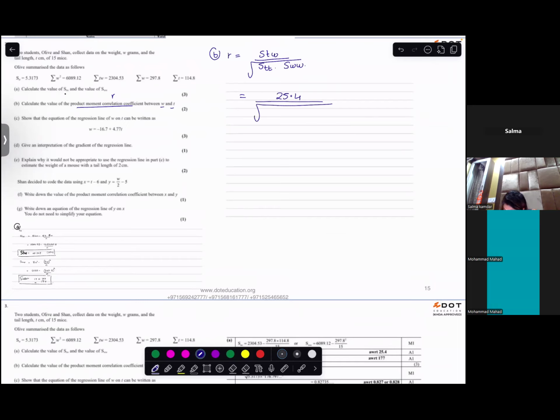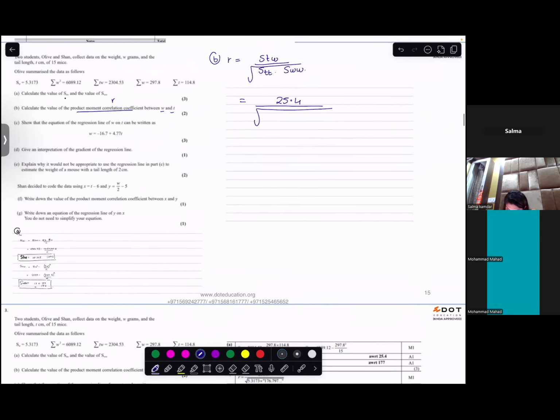How did you get the STT? It's given in the question. STT is 5.3173. And SWW is 177.